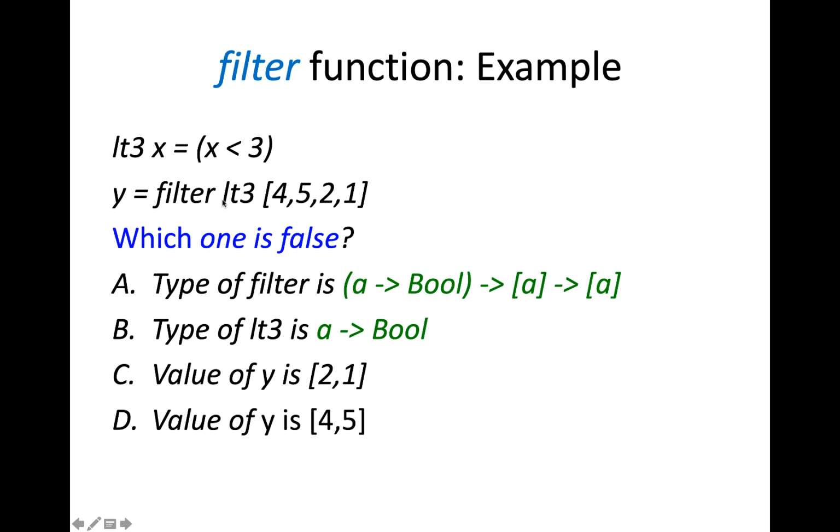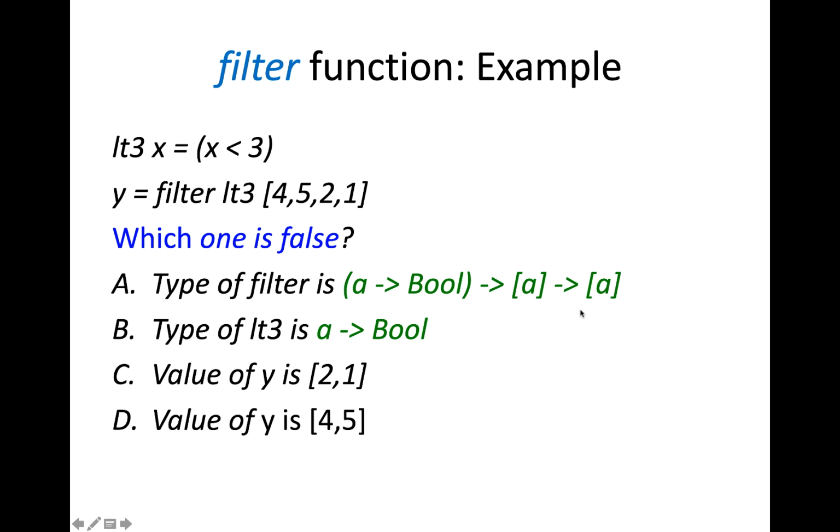That is, the filter's first parameter is lt3. So this is the type of lt3, and then lt3 is applied on an input list, and it also results in another list, which is the output.